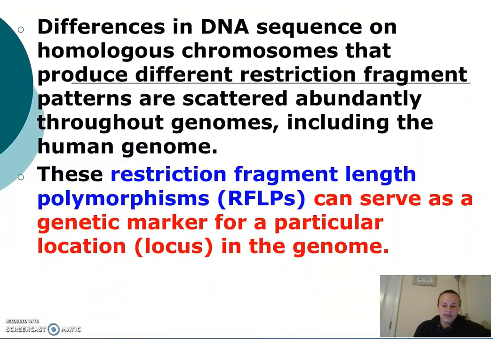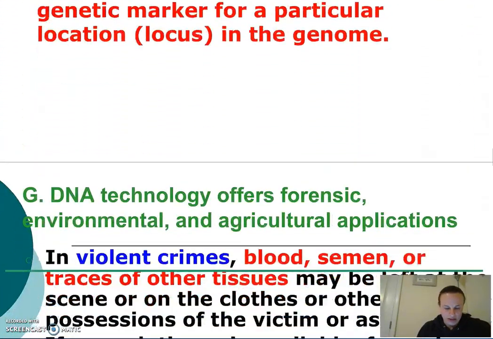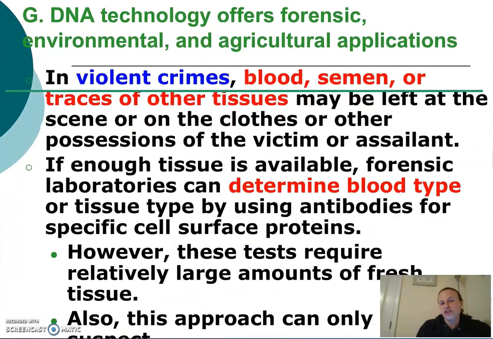So differences in DNA sequences on homologous chromosomes produce different restriction fragment patterns found scattered throughout the genome, including the human genome, which means that these RFLPs can serve as a genetic marker for a particular location in the genome. This is in section G of the note packet, but it's applicable right now, where this particular DNA technology offers forensic applications. For example, during a violent crime, blood, semen, or traces of other tissues may be left behind.